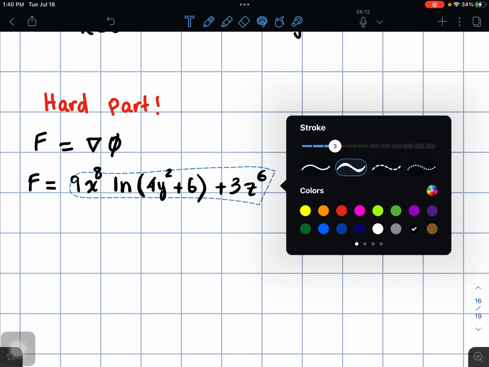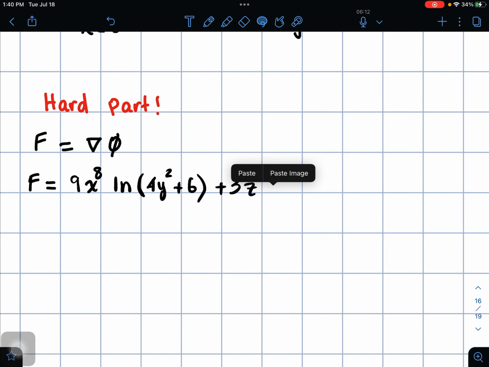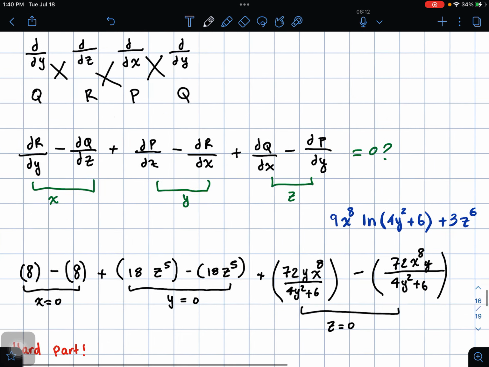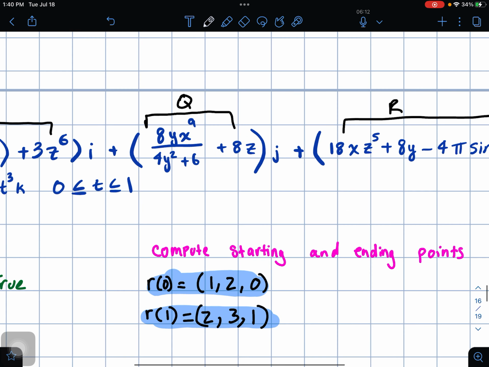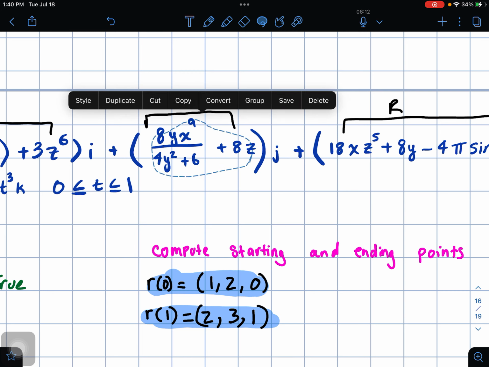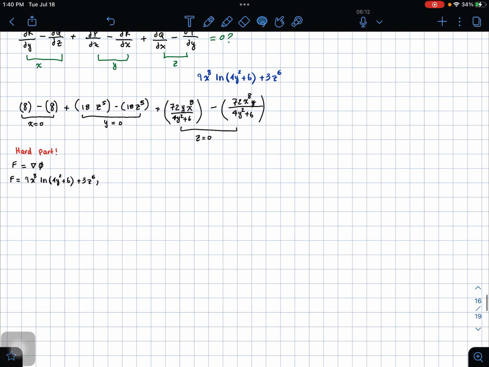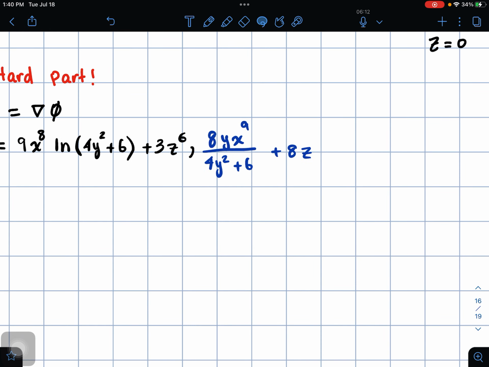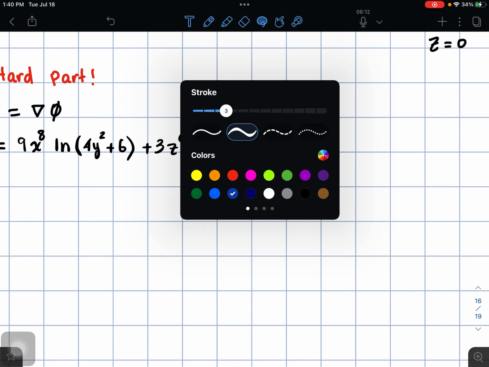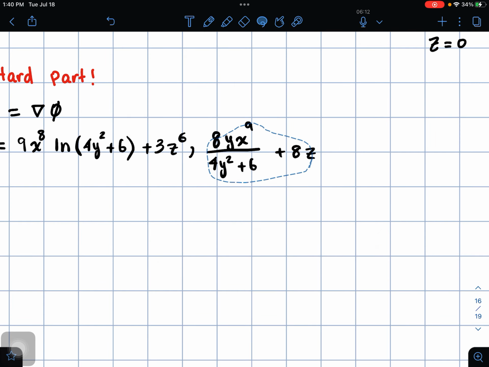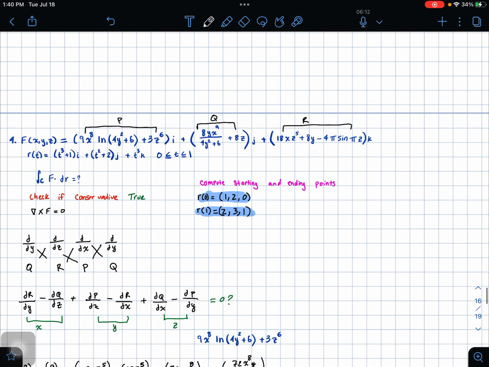Okay, so this is our x, and then our y is this. And then our z is this thing right here.